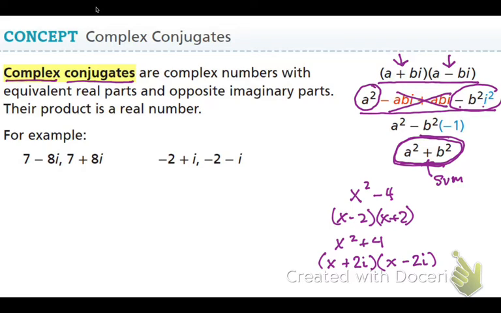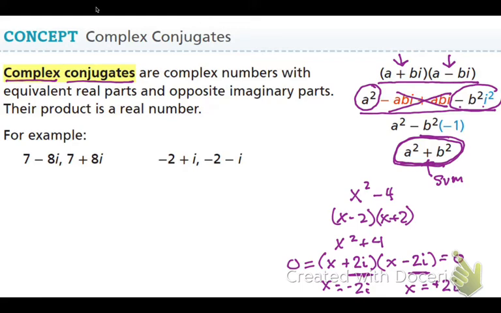Because that i will make that negative 4 a positive 4. Now, this is called a conjugate pair. If I were to set these equal to 0, I would get x equals negative 2i, and I would get x equals positive 2i.